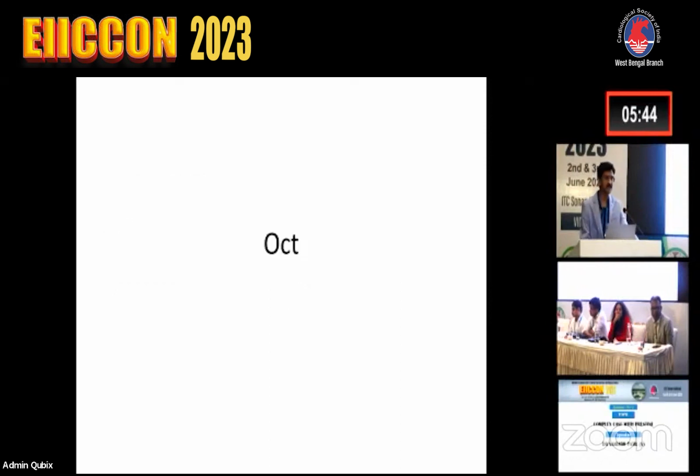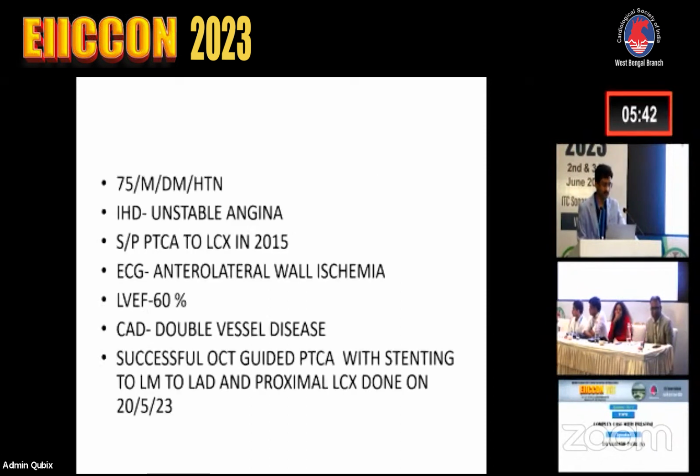Then the next I want to discuss is this 75-year-old male patient. I did this case 2 weeks back. I had done a distal LMCA stent in 2015. He came for urology fitness, came from urology fitness to us, and he was symptomatic with walking up 2 flights of steps.